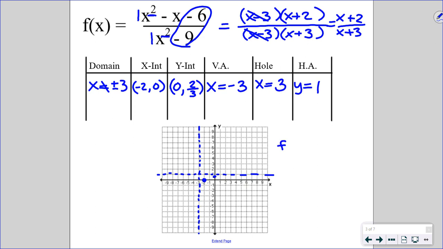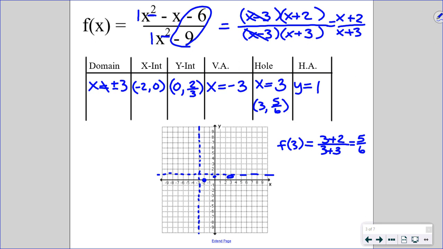So I am going to find f of 3, but we need to plug it into the simplified version. So this will give me 5 over 6. Okay, so the ordered pair is 3, 5 over 6. Okay, and that's pretty close to 1, so I'm just going to put an open circle there. That is an open circle.